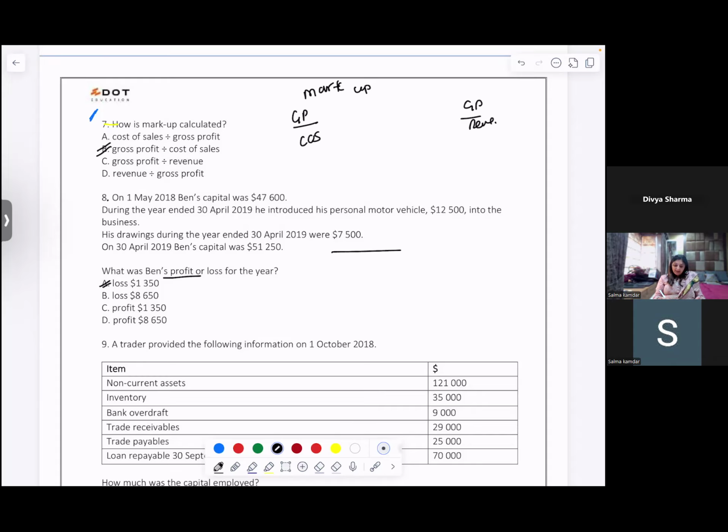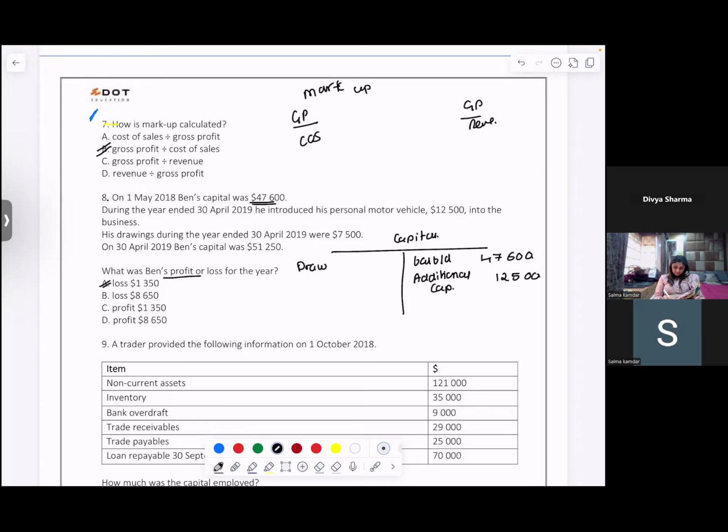Can you give me the capital account format? The opening capital is 47,600 on your credit side. Then your introduced personal motor vehicle is additional capital, which you will put on your credit side.